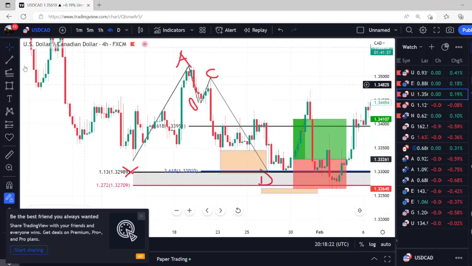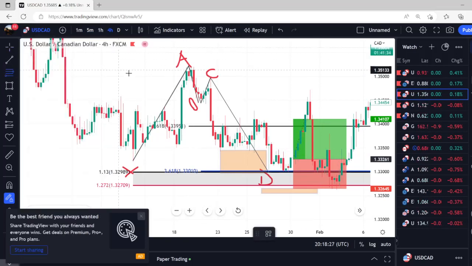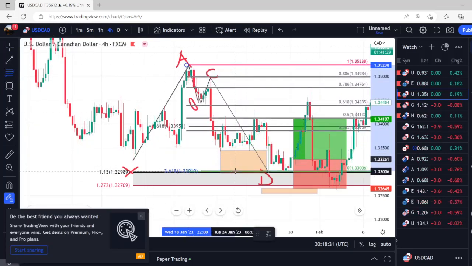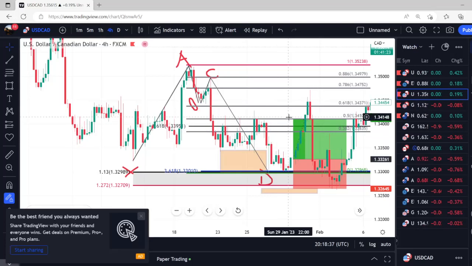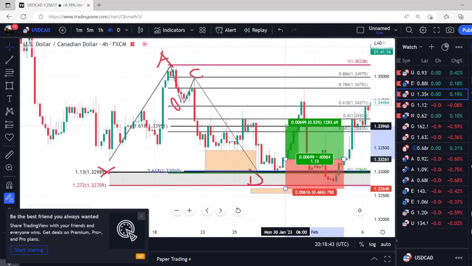For the measurement for the TP, you take the fib retracement, you go from A to where the market stopped before the market went up. It's right here. Normally I take my TP at 0.382.